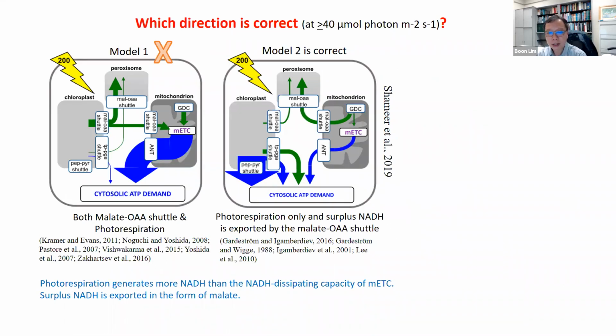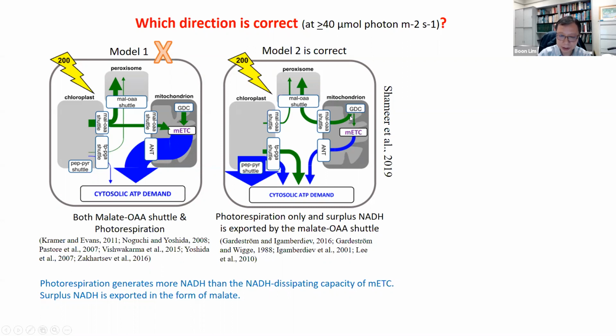So based on this observation, we suggest that model 1 is not true, whereas model 2 is correct. In model 2, photorespiration supplies a large amount of NADH to the METC that allows the METC to generate ATP.